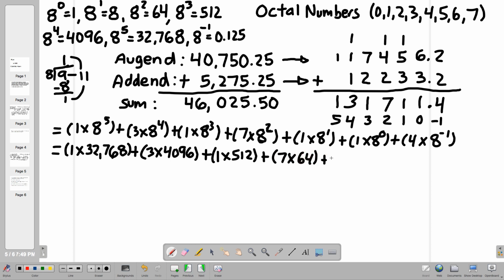Then 1 times 8 to the 1st power, which is 8. Then 1 times 8 to the 0th power, which is 1. And then we have a final computation, which is 4 times 8 to the minus 1 power. We indicated it at the top here. 8 to the minus 1 power is 0.125, so we put that here. And let's break it down further.